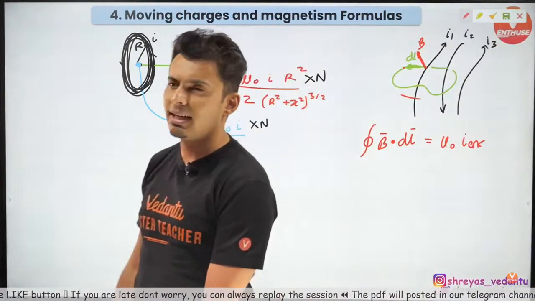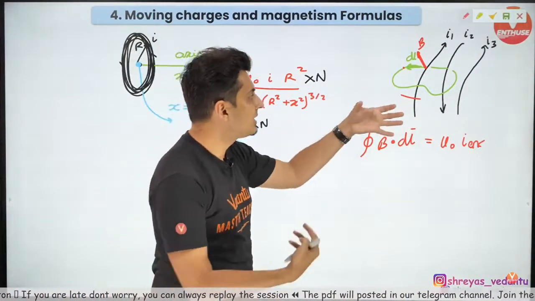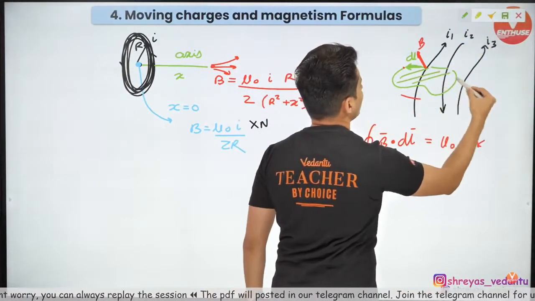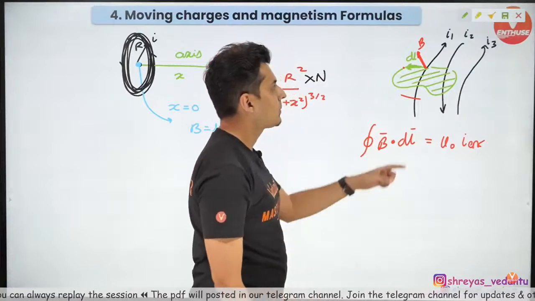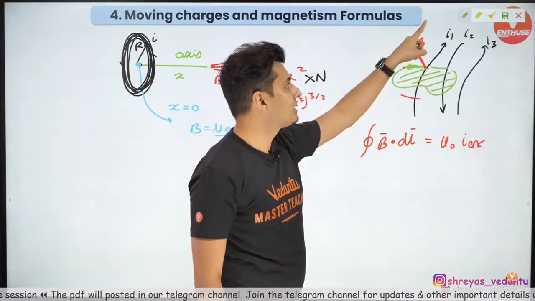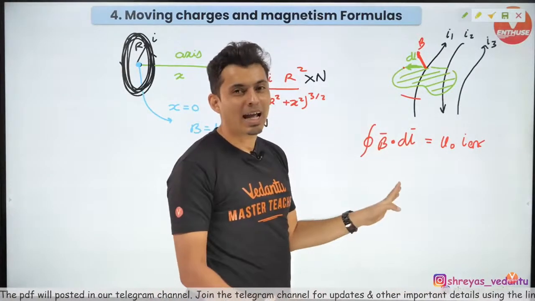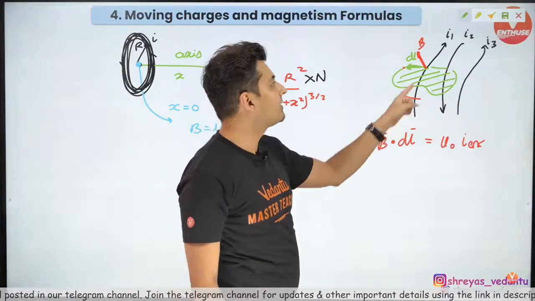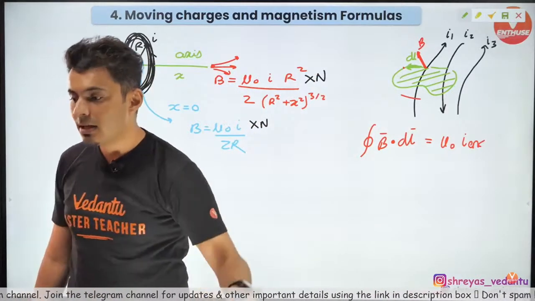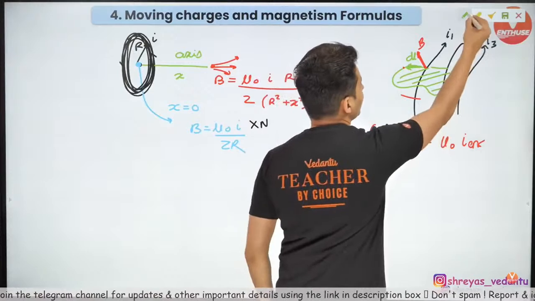Now whenever you calculate enclosed current, it's those currents which pierce through this particular loop that you have taken. In this case it is I1 and I2. But be careful, one is positive, one is negative, so they will not add, you will have to subtract them if the directions are opposite. Is that clear? But remember again the same thing.